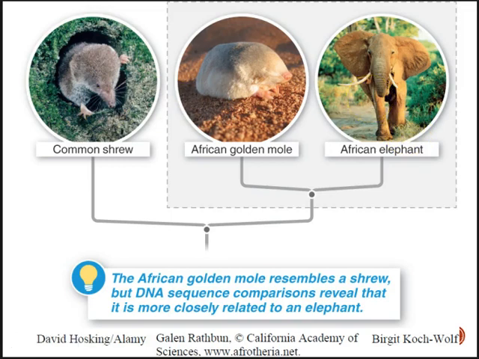Now, again, if you understood biogeography, you would immediately be saying, well, maybe the African elephant and the African golden mole are more closely related. And I'm really hoping that that's what you were thinking, and not falling into the trap that biologists fell into for a really long time, which was putting the common shrew and the African golden mole together.